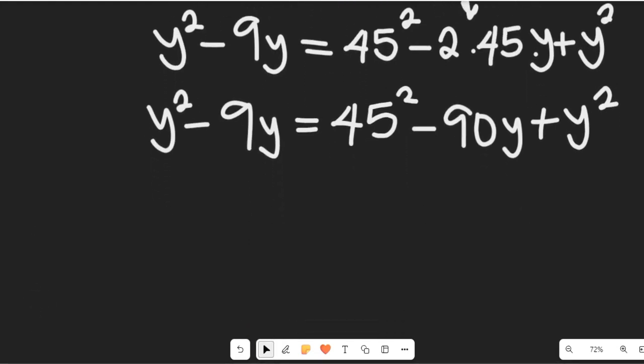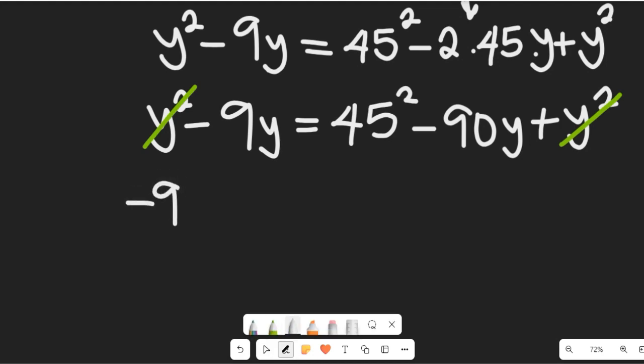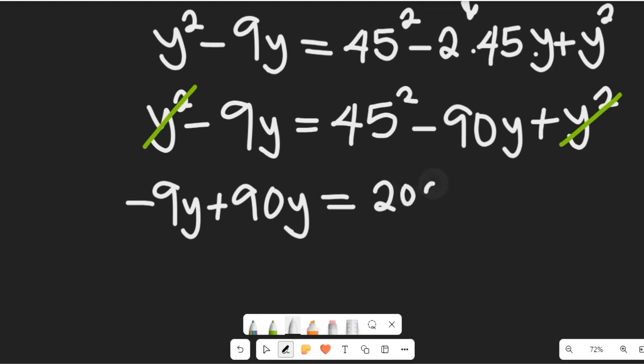Now, considering these two parts, you see that y squared will simply clear y squared, right? And so that expression will now become negative 9y plus 90y, and that will be equal to 45 squared. 45 squared is 2025, right? Good.